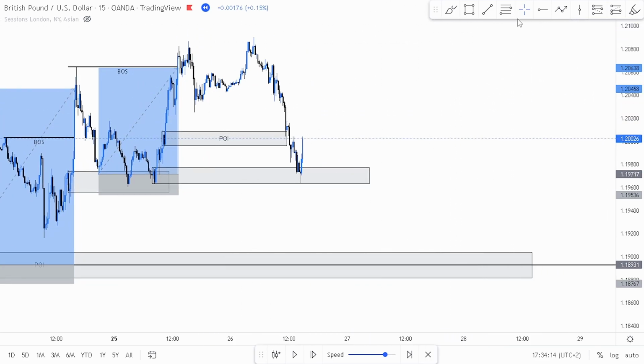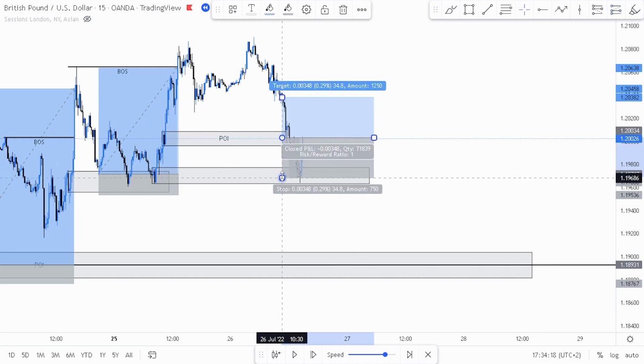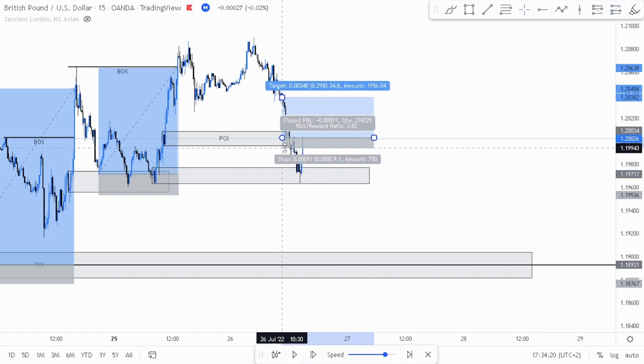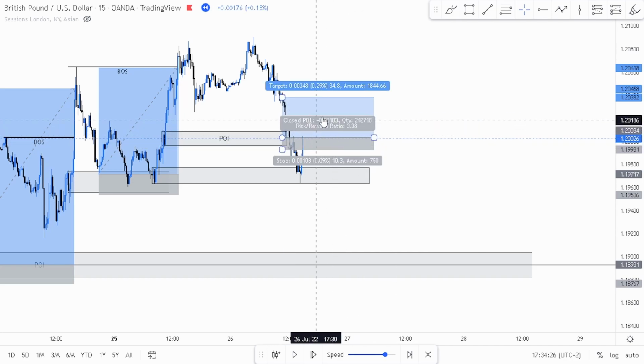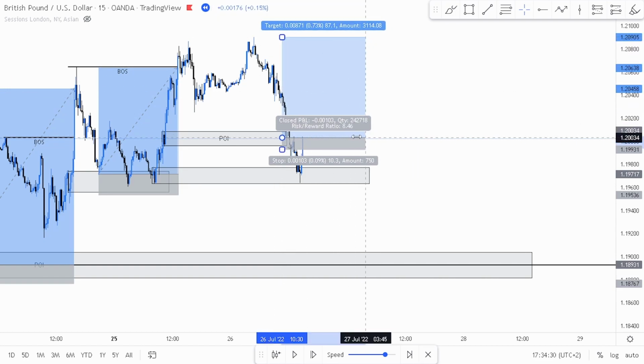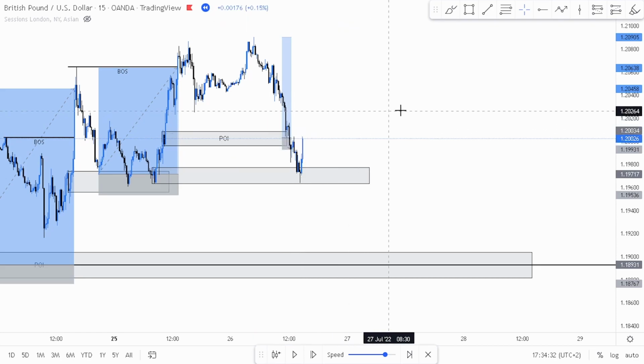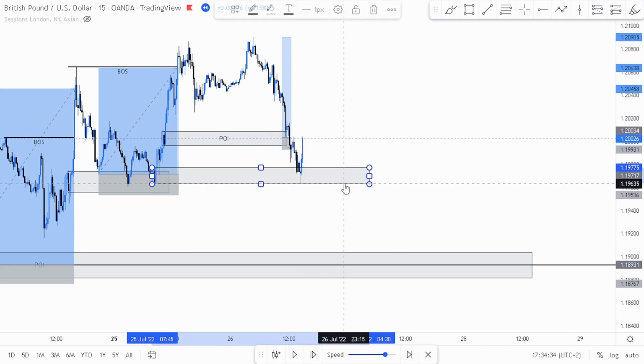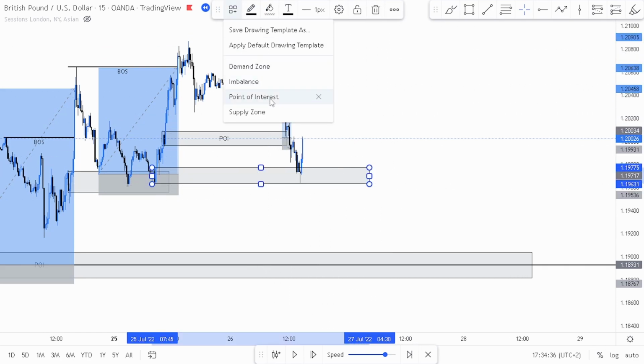Now if we were to get triggered in this trade, from the 50 we had a stop loss which was less than 10 pips basically, and we were targeting these highs. Now price breaks through our POI and goes to the next level of demand.